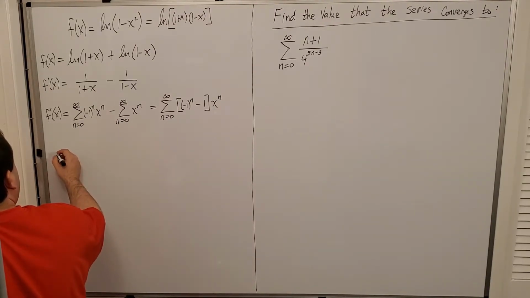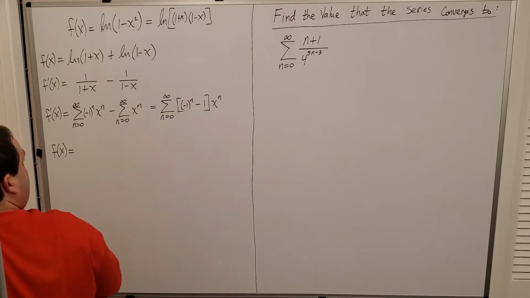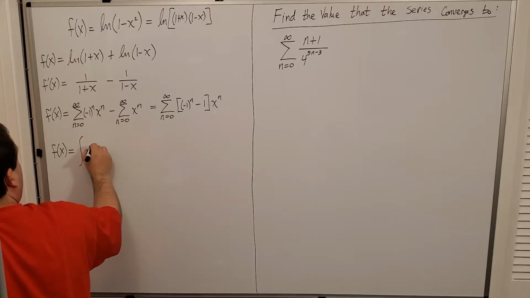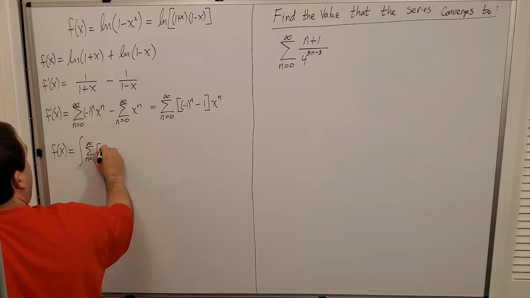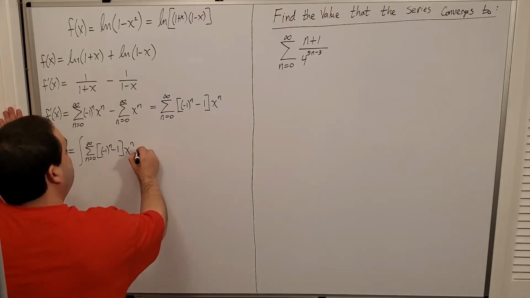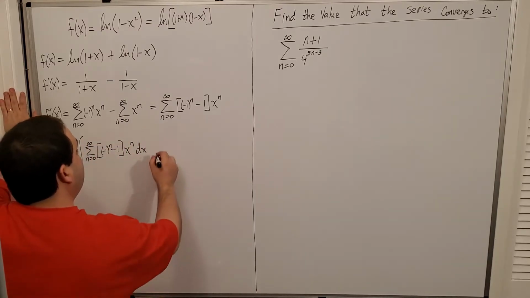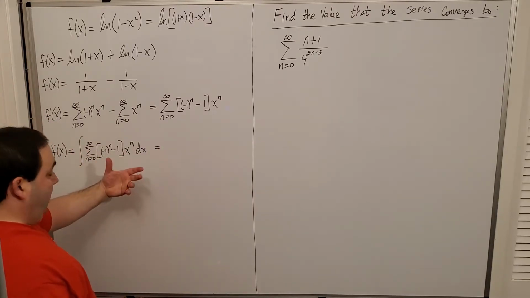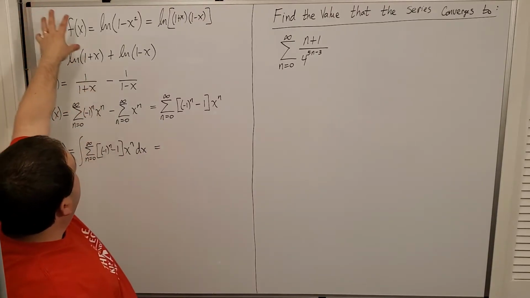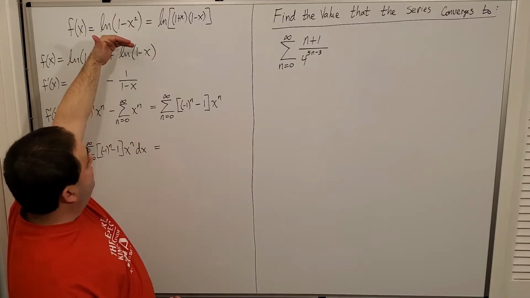The original function f is then going to be the antiderivative of this. So integral n equals 0 to infinity, bracket negative 1 to the n minus 1 x to the n dx. Once I perform this antiderivative, again, technically there should be a plus c, but don't forget, we know that our plus c is 0 because we already know what the original function is here.